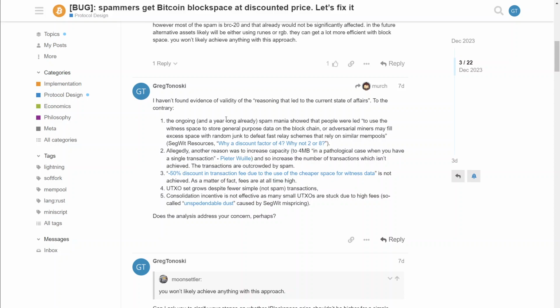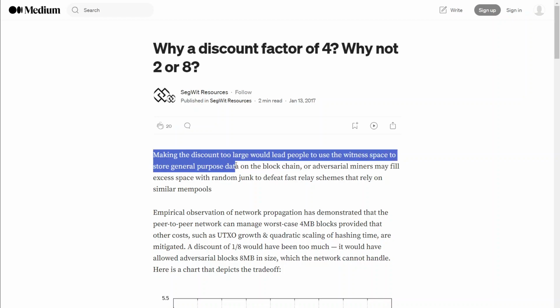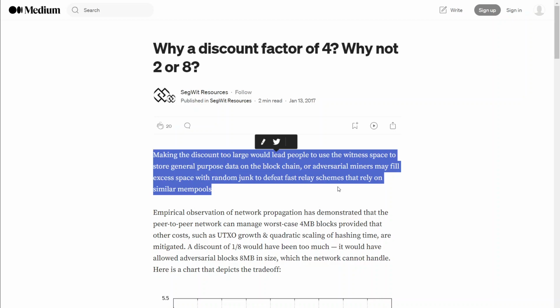So there was an article, why a discount factor of 4, why not 2 or 8? Let me open it and read it aloud. Making the discount too large would lead people to use the witness space to store general purpose data on the blockchain, or adversarial miners may fill excess space with random junk to defeat fast relay schemes that rely on similar mempools.